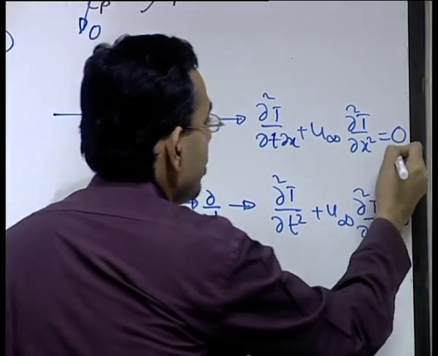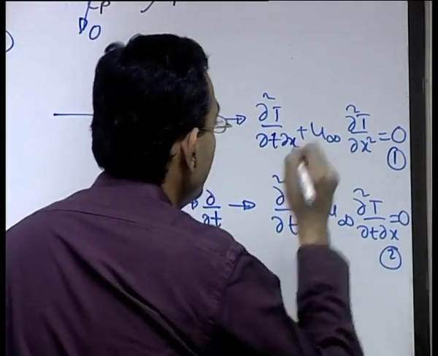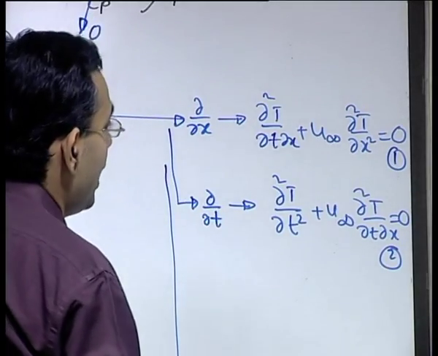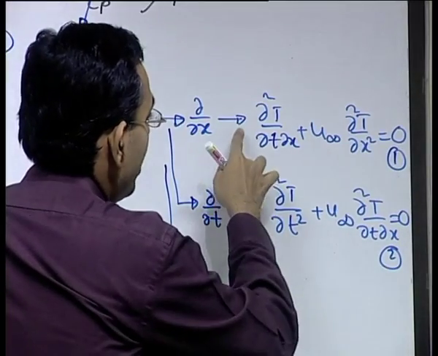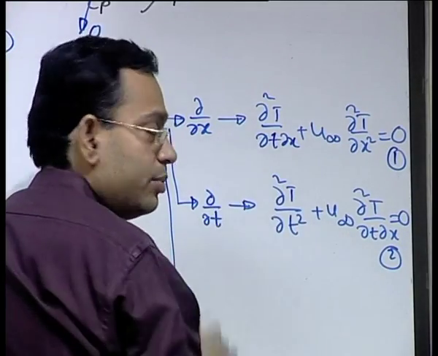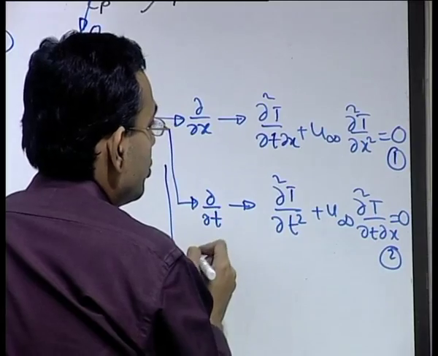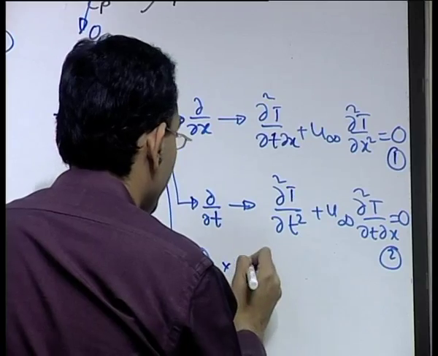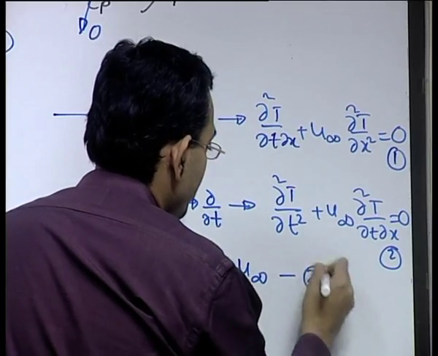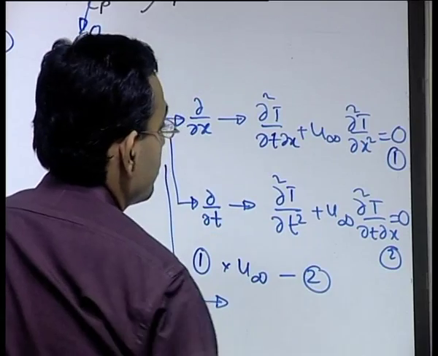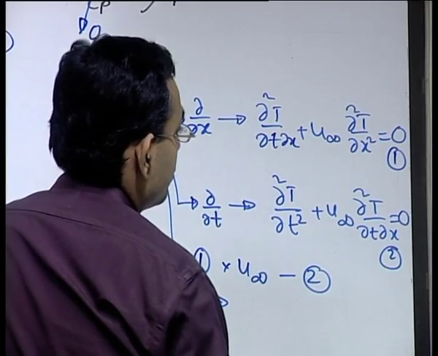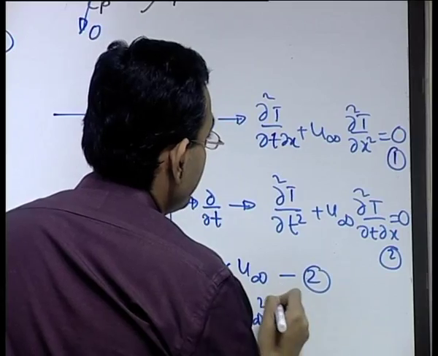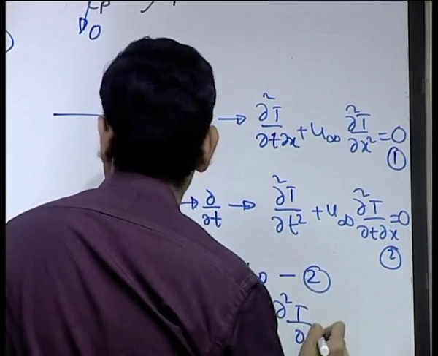Let us say this is equation 1, this is equation 2. You multiply equation 1 with u infinity and subtract from equation 2. So, equation 1 into u infinity minus equation 2. So, u infinity square.